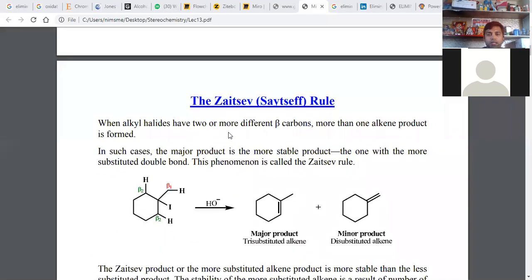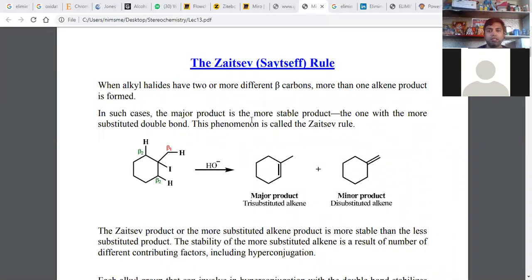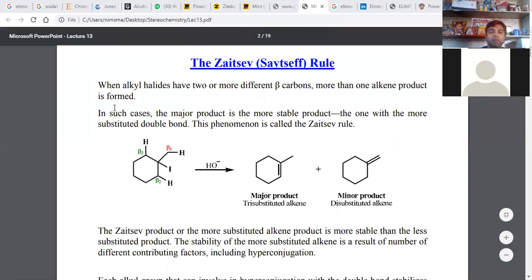Now we'll discuss the Saytzeff rule. When alkyl halides have two or more different beta carbons, as we can see in this example, we have three different beta carbons: beta 1, beta 2, beta 3.